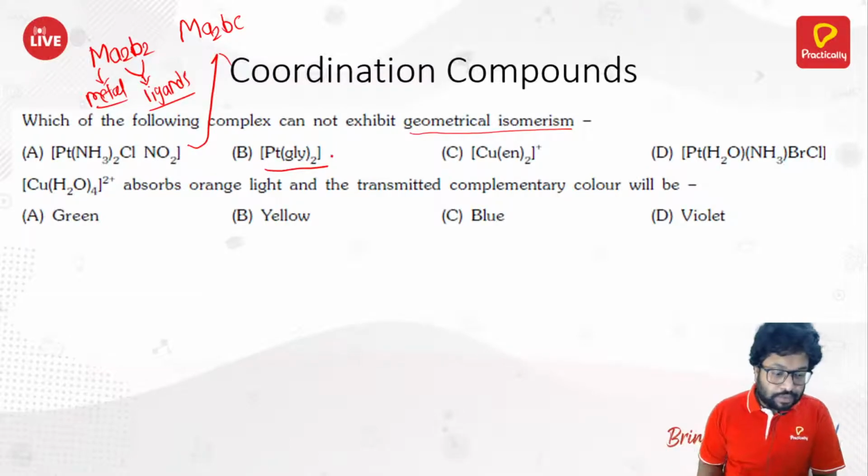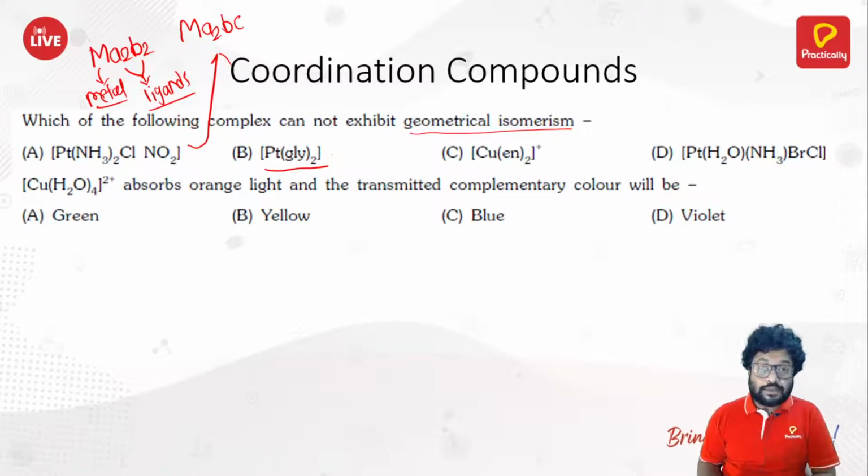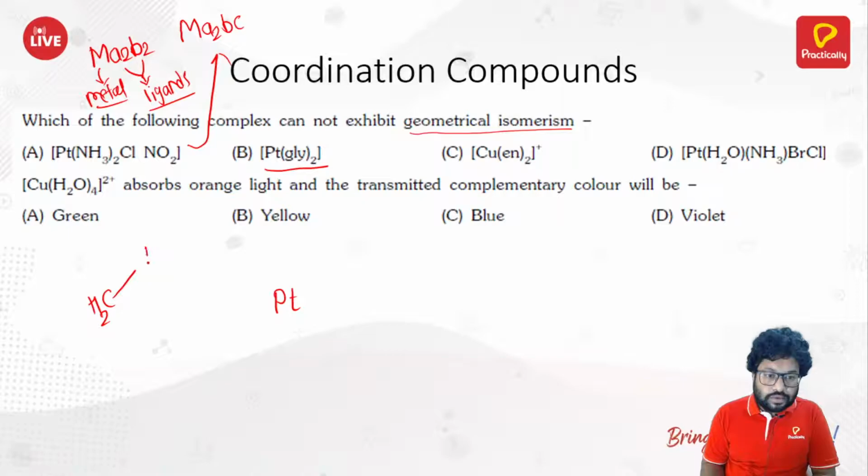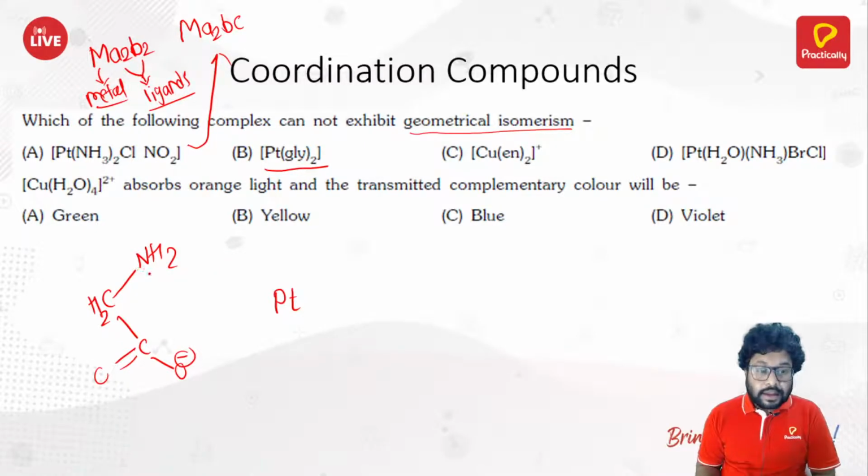Pt(Gly)2. So Gly is what? It's glycine, and there are 2 glycine. What is the structure for glycine? Glycine looks like this: CH2, NH2, and a C double bond O, O minus, right? So your platinum can attach from this side, and oxygen from this side.